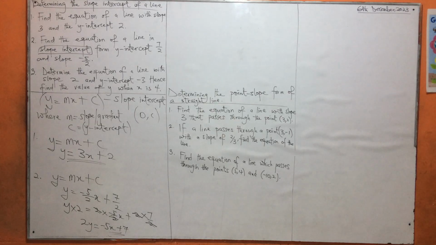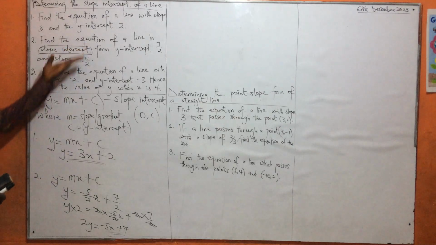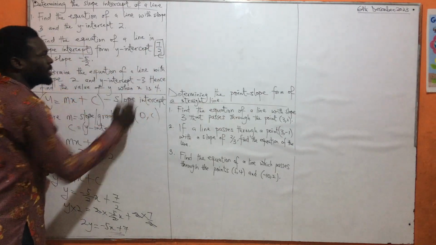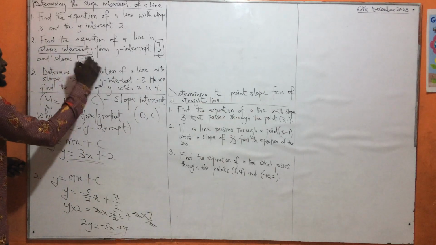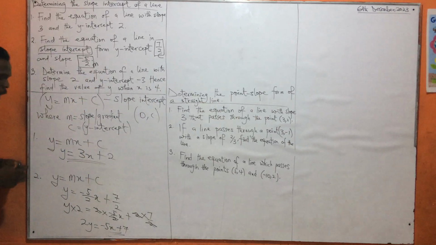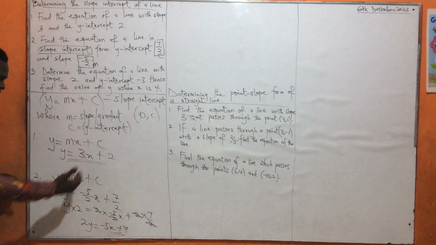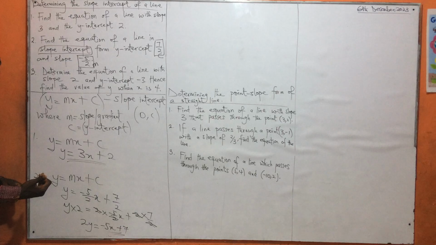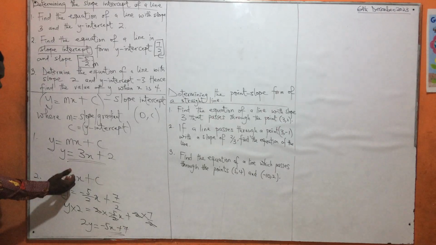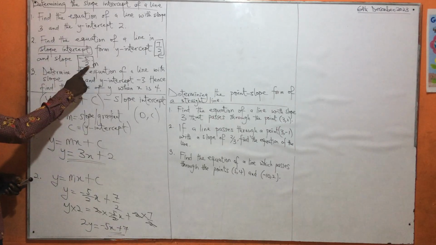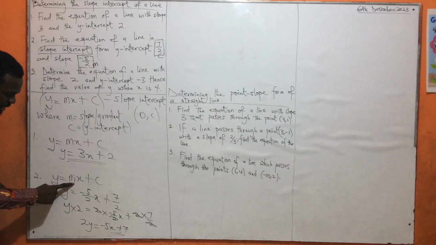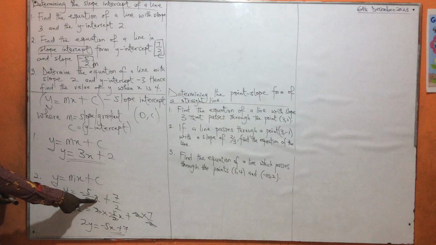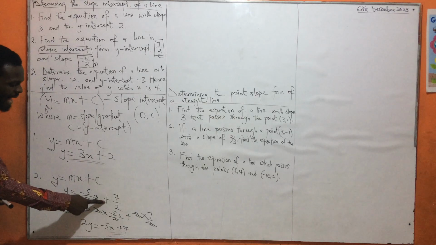Okay, so let's continue. Here, in number 2, we were given the y-intercept as this, so this is the c. And we were given the slope as this, which is the m. So all I need to do is substitute into y is equal to mx plus c. m is negative 5 over 2, so in place of m, negative 5 over 2x, plus c.